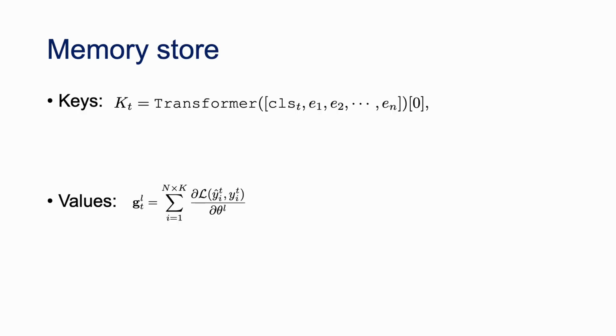So here is the overall framework of our EMO. Our EMO is a key-value mechanism. We use the task representation as the key of the memory, and we store the gradients of the different tasks as the values.